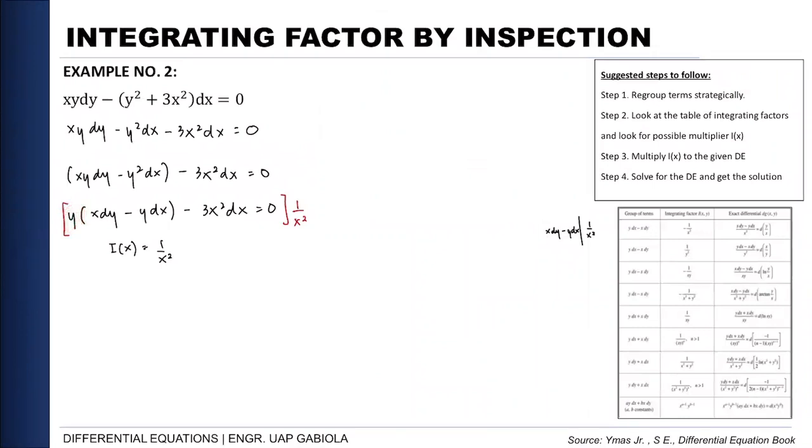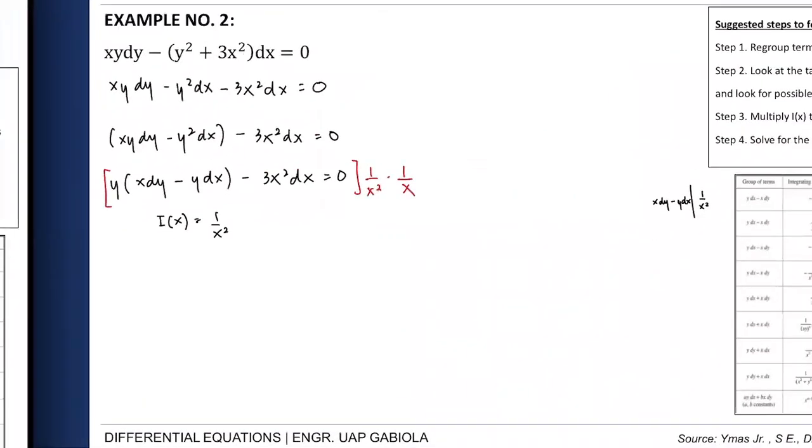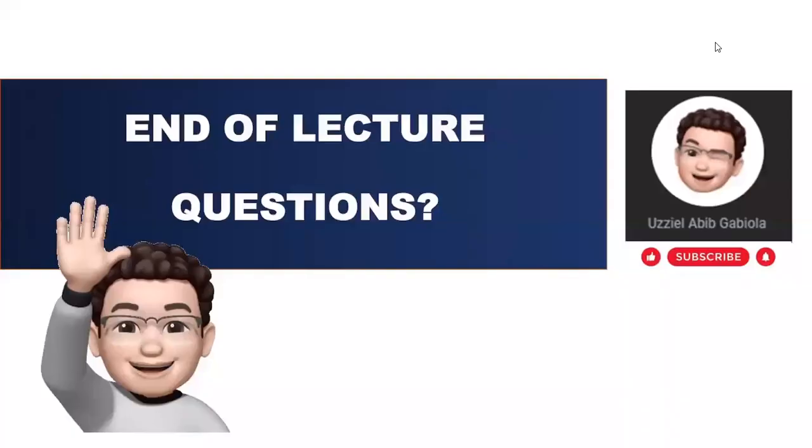So, to cater yung kulang na x, you need to add another x variable doon, no? So, parang ang multiply mo dapat is bukod sa 1 over x squared, kailangan mong gawin siyang 1 over x cubed.